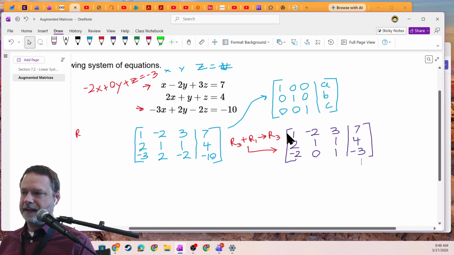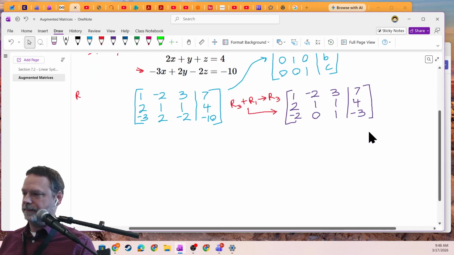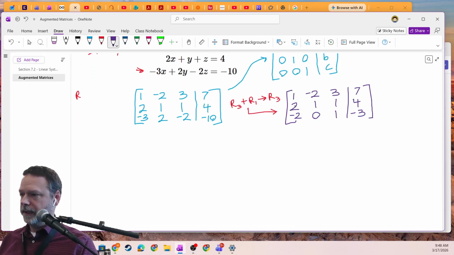I can multiply the top row by 2 and then add it to the bottom and replace it. I can do anything like that. We can add 2 rows together. So we can add them, we can multiply and add, and that's pretty much it. Subtract, whatever.